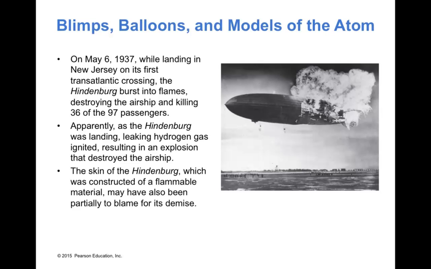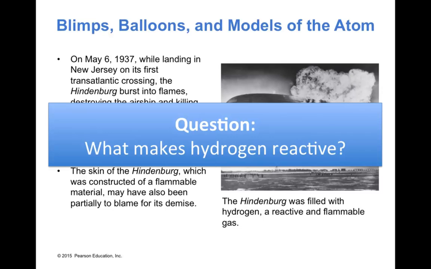The skin of the Hindenburg, which was constructed of a flammable material, may have also been partially to blame for its demise. The Hindenburg was filled with hydrogen, a reactive and flammable gas. So the question is, what makes hydrogen reactive?